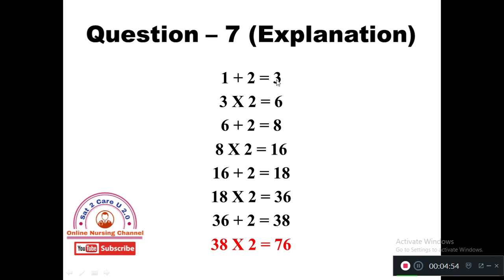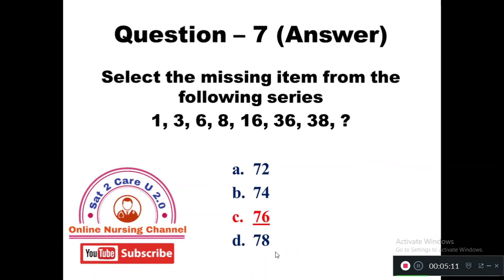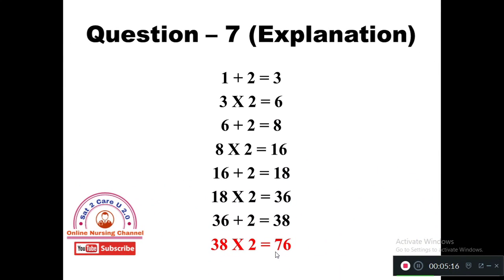The answer you get in a step will be used as the first number in the next step. So when we do it like that, 36 plus 2 gives 38, and now the plus 2 we have used here. Next we will do the multiplication. It gives 76. So the answer is 76. Like this you can solve the sum. You need presence of mind to solve such sums.